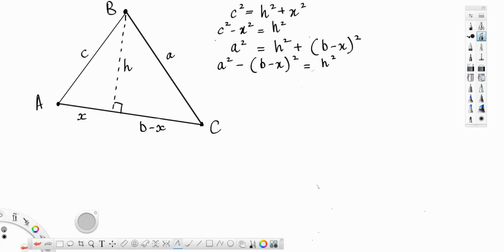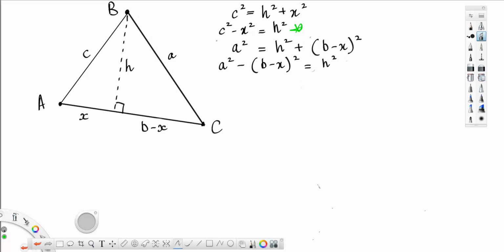All right, so I've got two different expressions there. Just highlight those. I've got this expression and this expression, and note that they're two different expressions, but they're talking about the same thing, aren't they? H squared here is equal to c squared minus x squared, and down here h squared is equal to this other complicated thing.